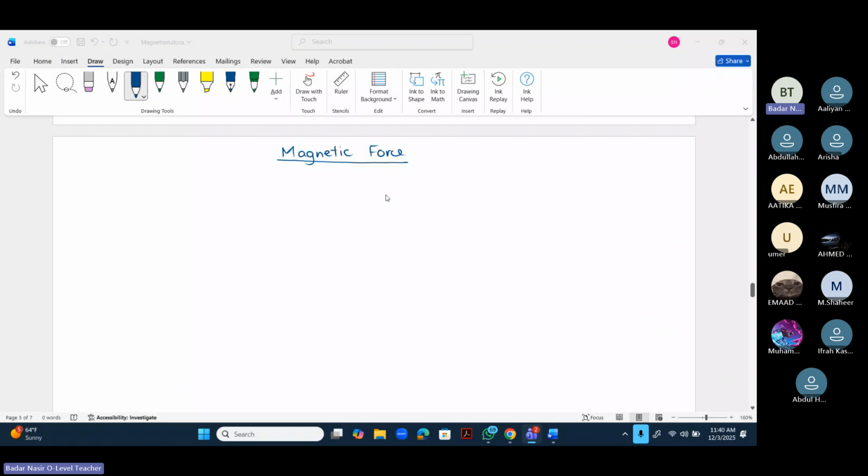Okay, now let's just talk about beta magnetic force. So आपके पास we have magnetic poles. So these are the magnetic poles. So this is a north pole.